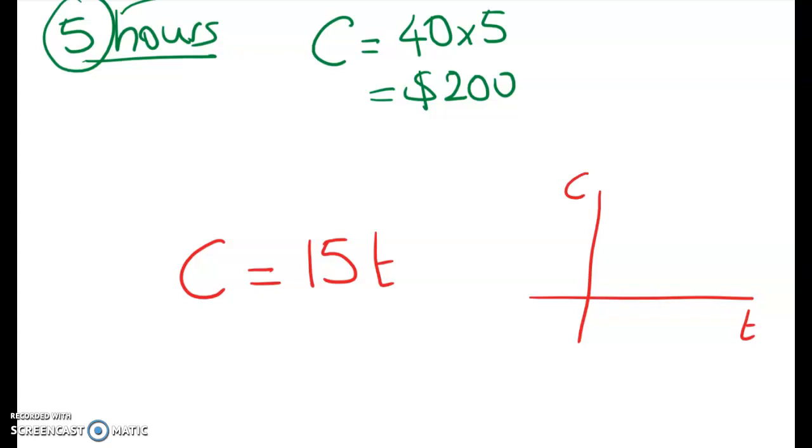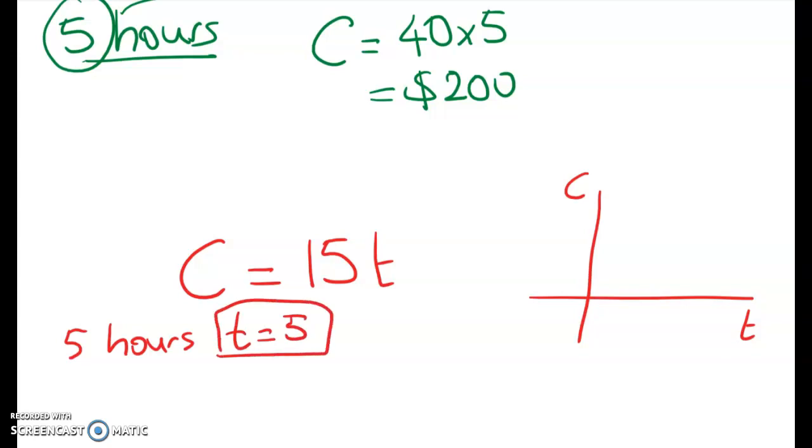And there's no y-intercept, right? So for 5 hours, we'd have T equals 5, right? And we know that the cost would be simply 15 times 5. So for both of these, there isn't a y-intercept. So the graph is going to start here at 0, 0.